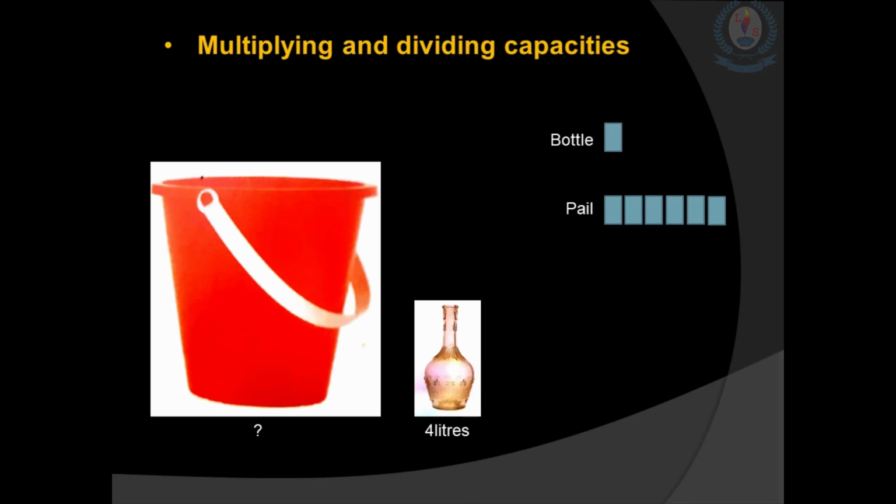So if 1 unit is 4 liters, what is the value of 6 units? Let's multiply: 6 times 4, 6 multiplied by 4 liters. The capacity of the pail is 24 liters.